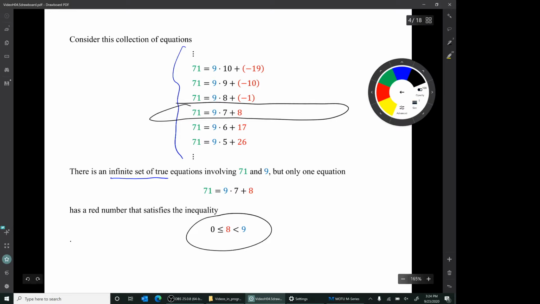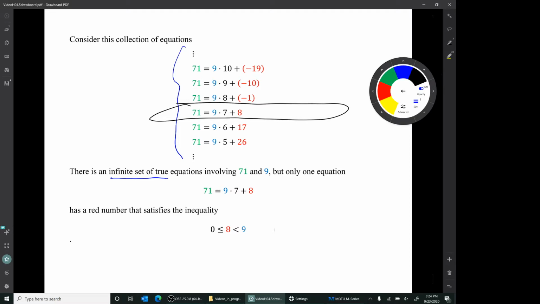The red number 8 is greater than or equal to 0 and less than the blue number 9. Only one equation in that whole list has that special inequality that's true.